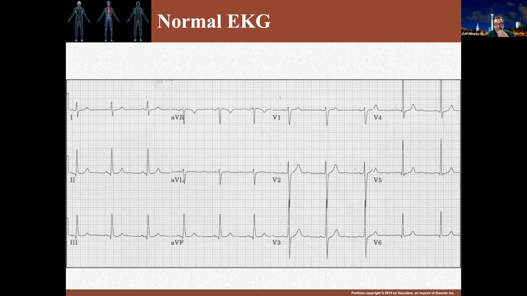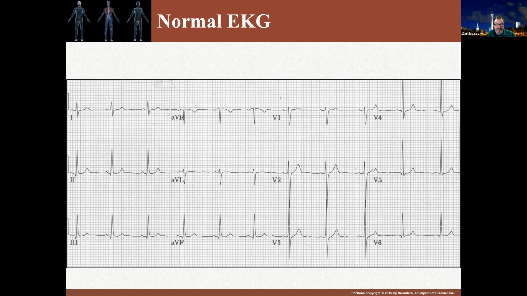Now, since the heart is divided into the two atria and the two ventricles, there needs to be a connection between the chambers to make sure that the electrical impulse, which is generated in the pacemaker, can travel throughout the other chambers. And in order to accomplish this in the atria, there are a series of pathways that are called the internodal pathways.